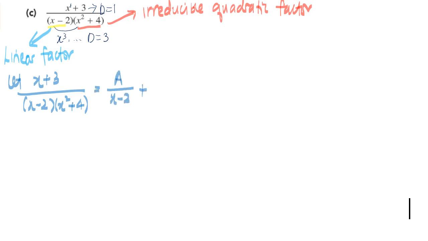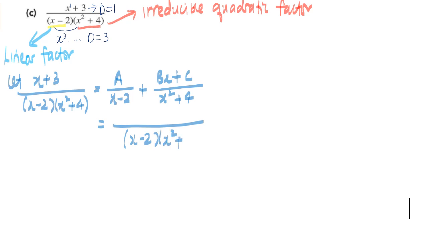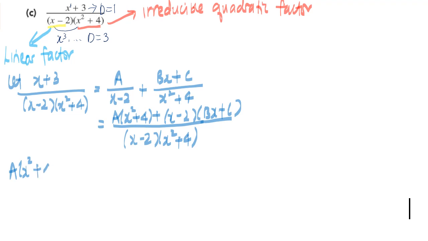Then for your irreducible quadratic factor will be bx plus c over x squared plus 4. So the next steps will be what we have been doing so far: combine them into one algebraic fraction, and then compare the numerator on the right with the numerator on the left.